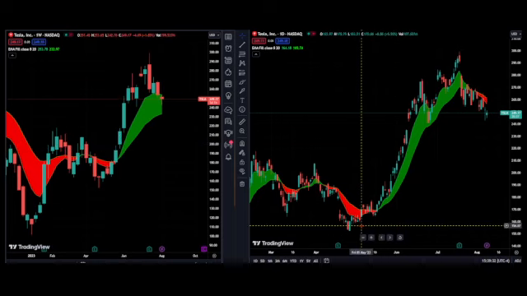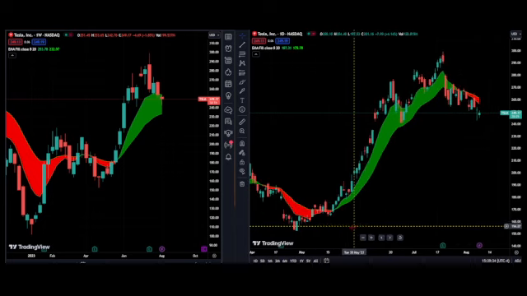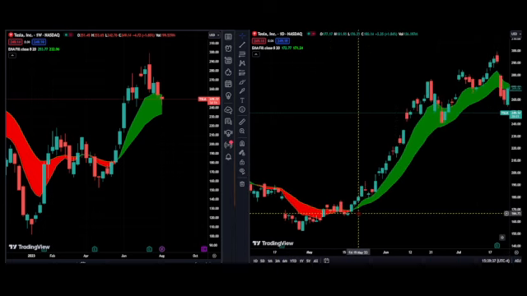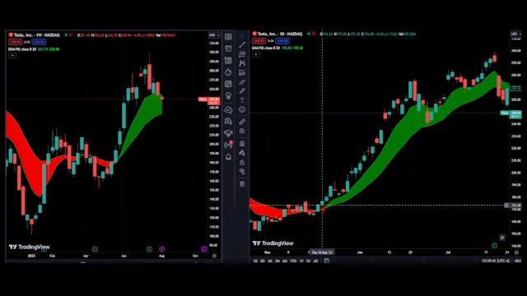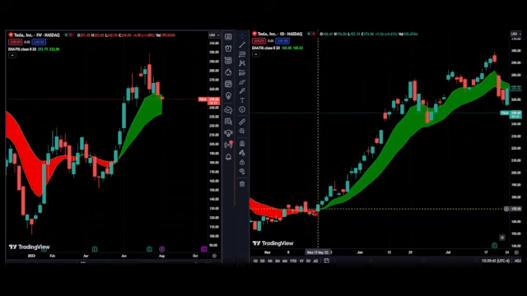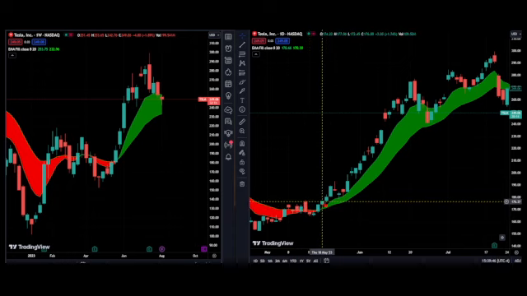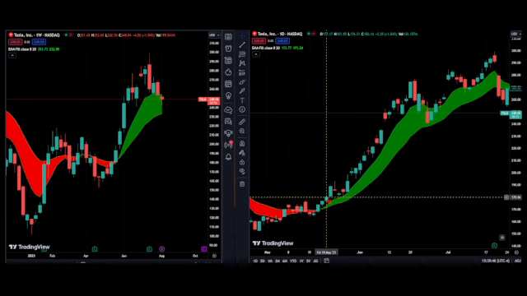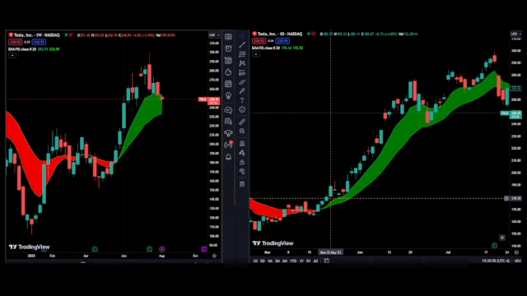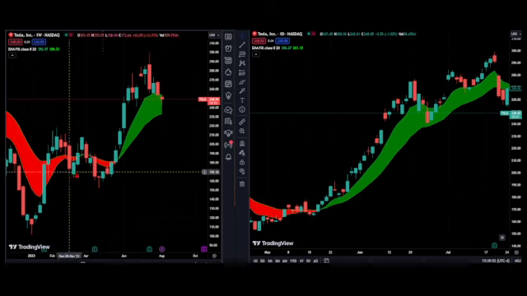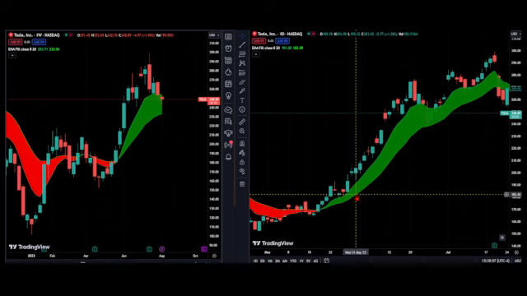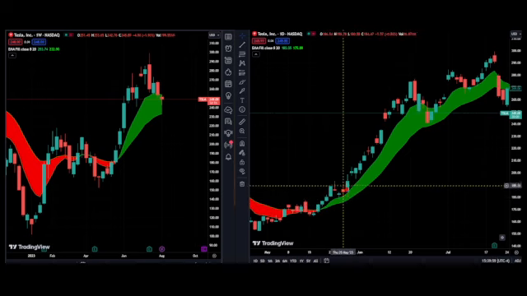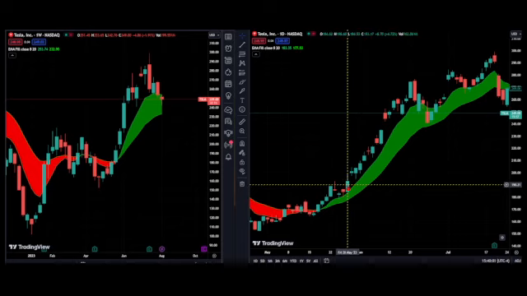So we zoom over here to the daily chart on Tesla, and here we are in the daily, and we see by May 18th this is flipped from red to green, so this is a little bit earlier than the weekly chart that flipped to green. If you wait for the weekly chart, you're out to this candle, May 30th.